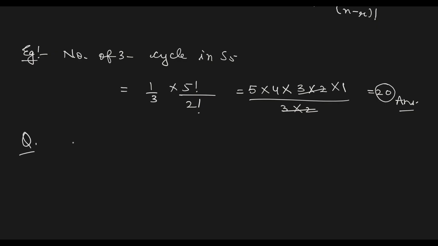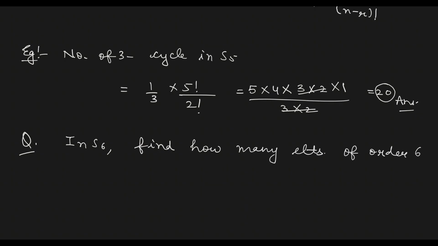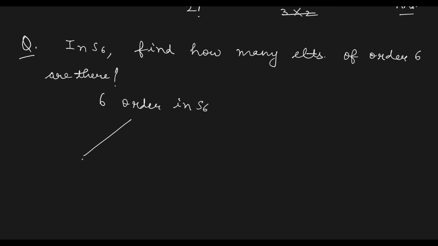And if I ask you to find in S6 how many elements of order 6 are there. So order 6 in S6 can be possible as a 6 cycle, or a 3 cycle and a 2 cycle and a 1 cycle.